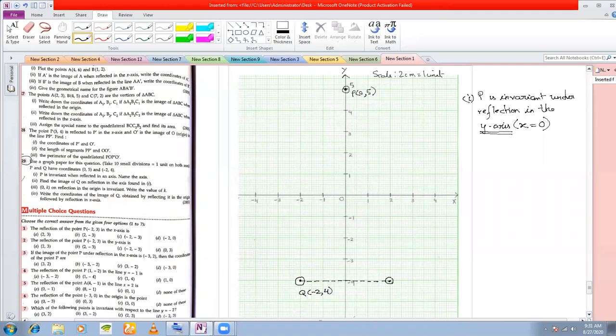So we get this point, say Q dashed, the image of Q under reflection in the y-axis. And what is the coordinate of this? 2, -4. So in the answer you will write Q (-2, 4) under reflection in the y-axis gets transformed to Q dashed (2, -4). This answers your second part.